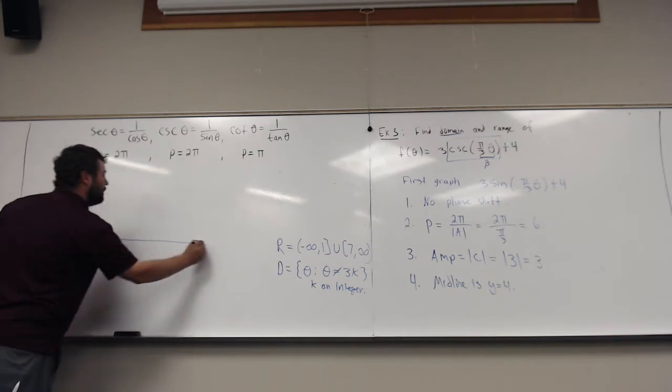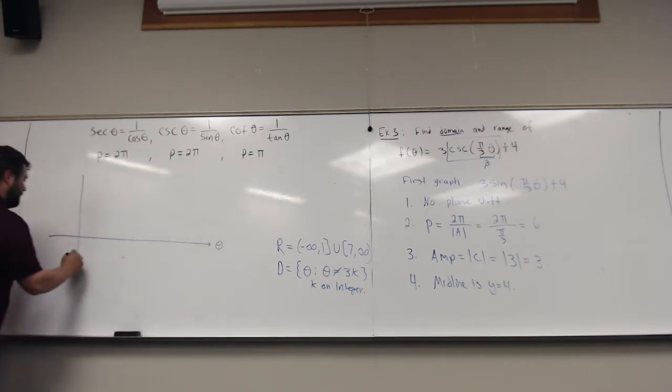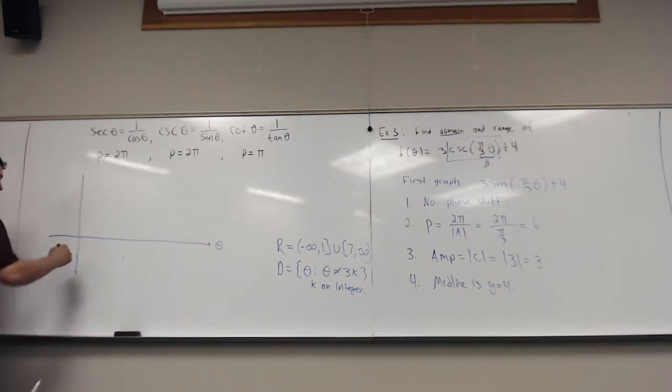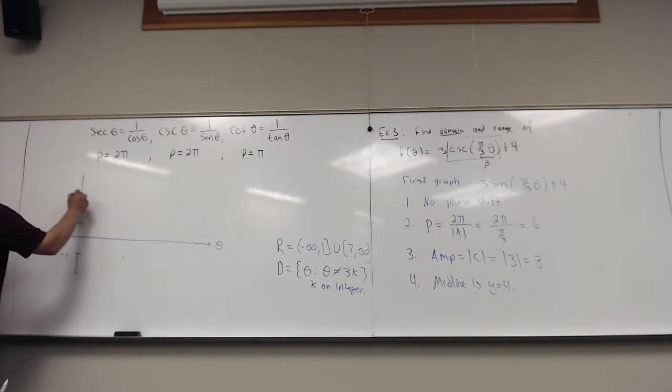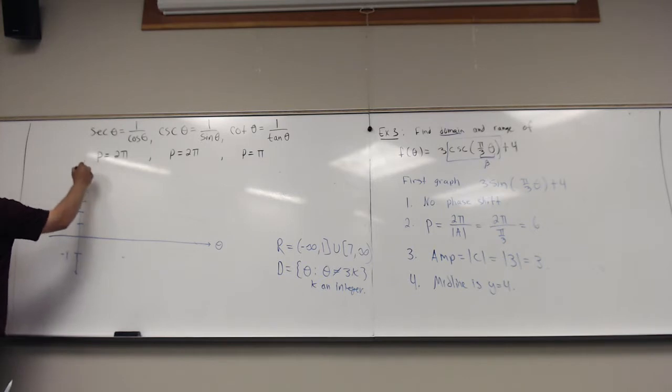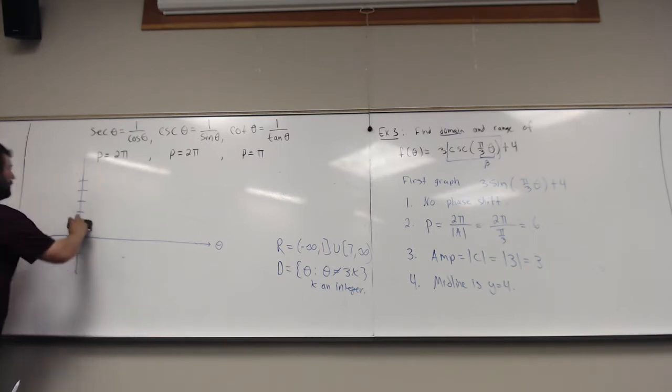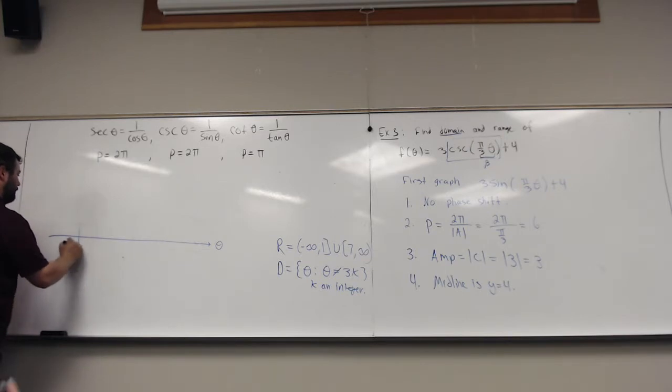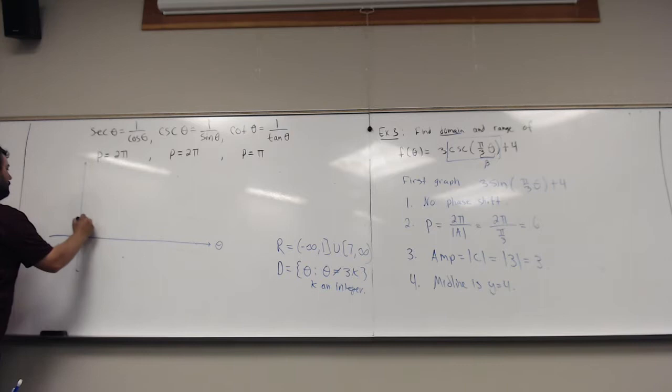I don't need much in the negative direction, so I'll do negative 1, 1, 2, 3, 4, 5. Oof, hold on a second, I gotta fix this. Negative 1, 1, 2, 3, 4, 5, 6, 7.